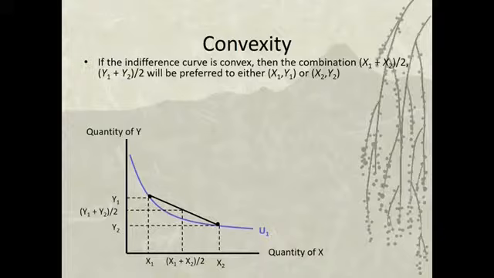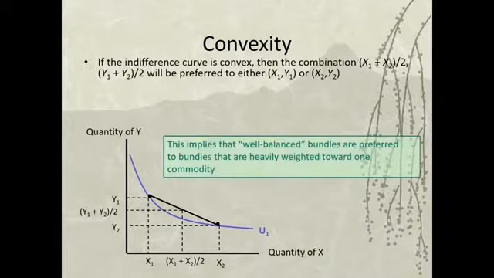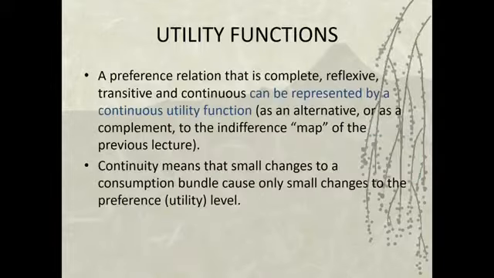That is, y1 plus y2 divided by 2 is the first average, and x1 plus x2 by 2 is the second average, which is going to give you better utility, because that intersection point falls at a higher indifference curve than the other two points when you compare. So that is what is called the convexity assumption. So this implies that well-balanced bundles are preferred to bundles that are heavily weighted towards one commodity.